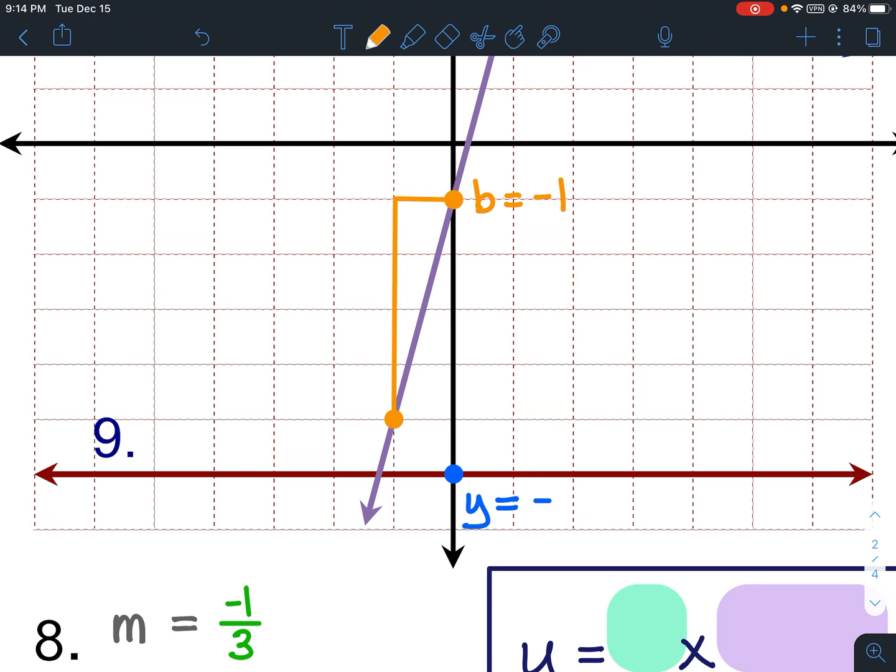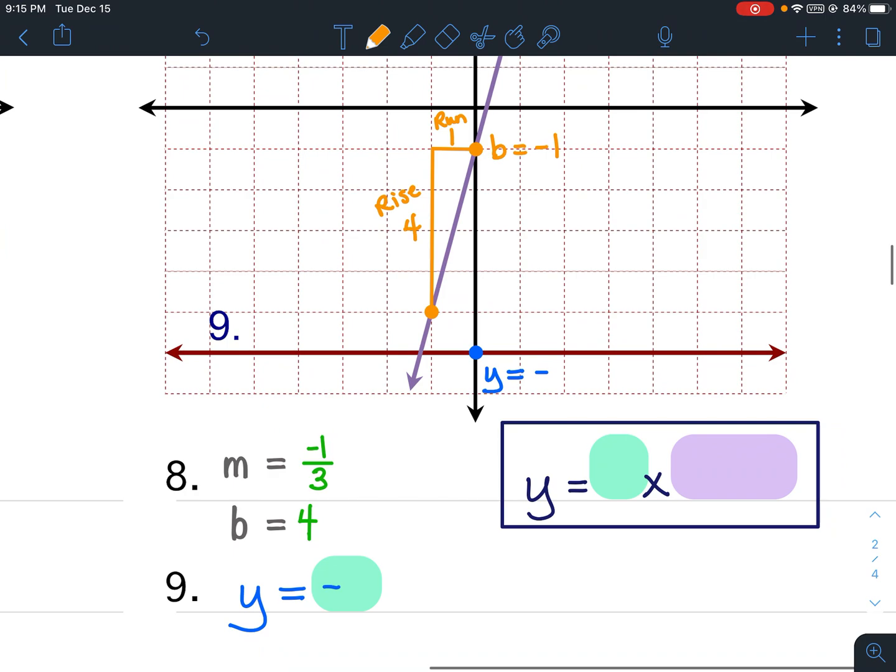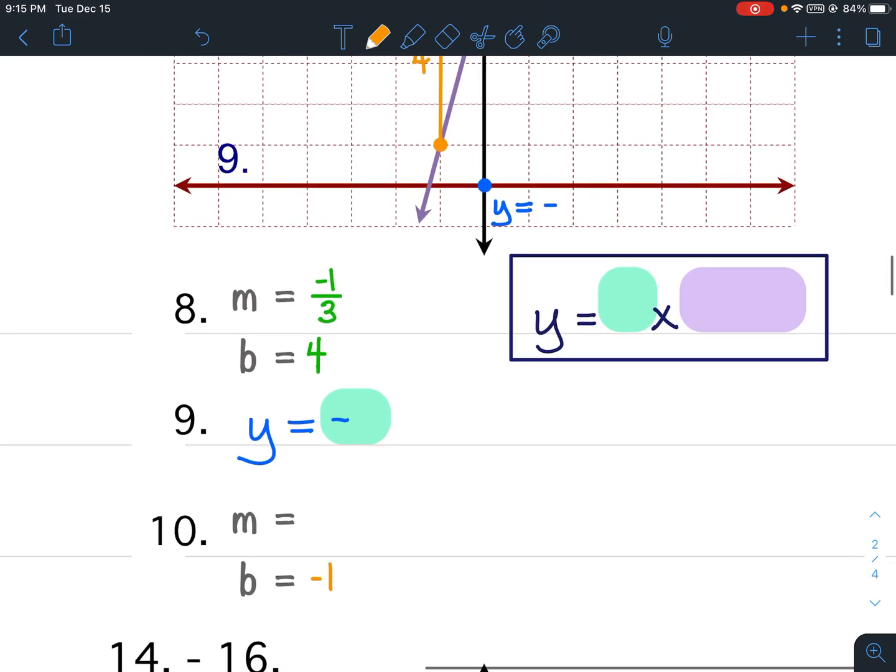All right, so my rise, 1, 2, 3, 4. I have a rise of 4, and a run of 1.